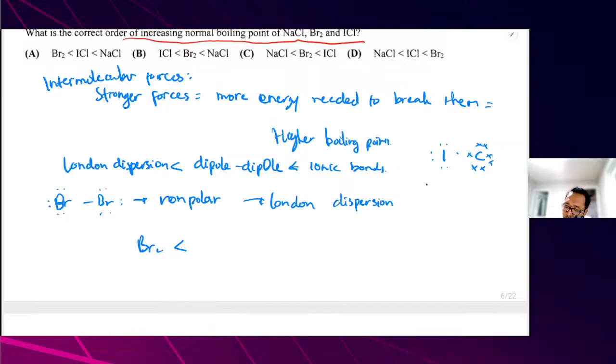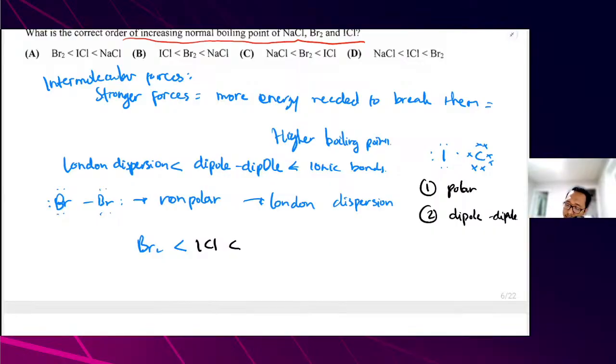It is polar, because it has different electronegativity between the two atoms, and it also has a dipole, which is stronger than dispersion. So ICl will be higher than PR2.